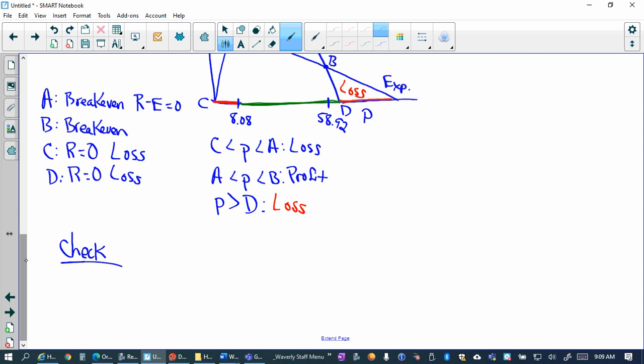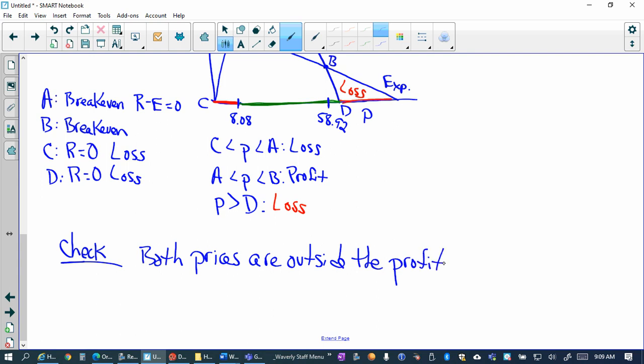Both prices are outside the profit domain of 8.08 less than P less than 58.92.